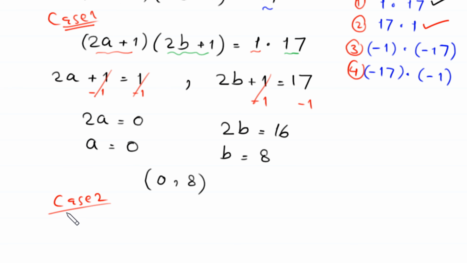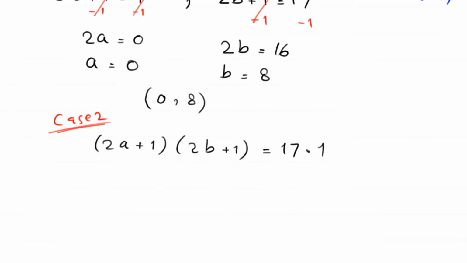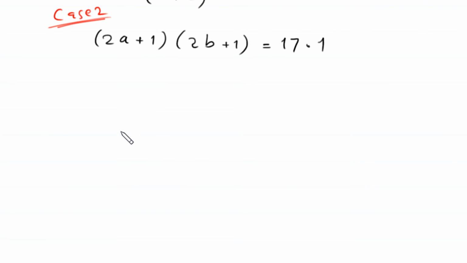In case 2 we write this expression 2a plus 1 times 2b plus 1 is equal to 17 times 1. Now we write this 2a plus 1 equal to this 17, and we write this 2b plus 1 equal to this one. So this will become 2a plus 1 is equal to 17, and 2b plus 1 is equal to 1.